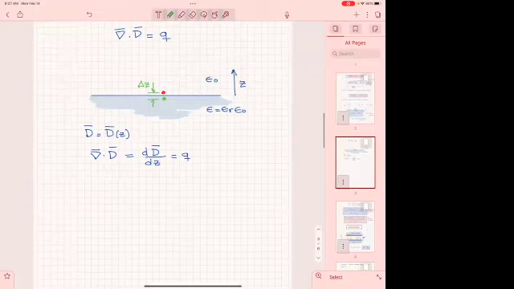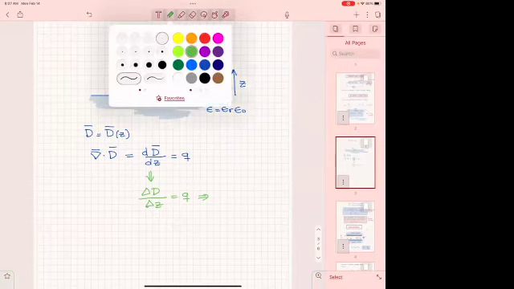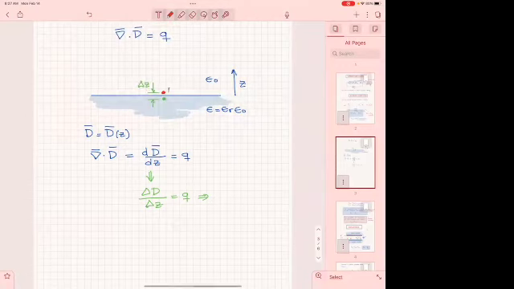I write the derivative as delta D over delta Z equals Q, which means that D in the point, say what I'm calling point A here, and point B.